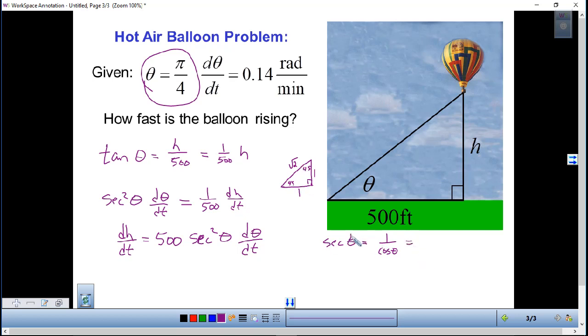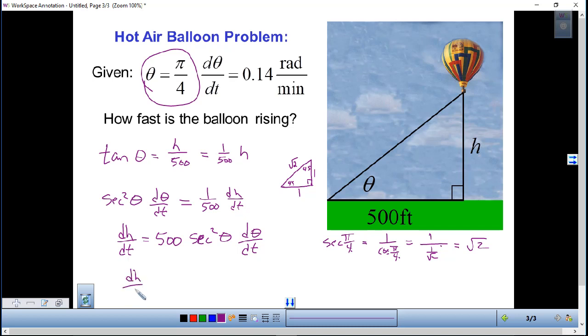So in this case, with pi over 4 here, sorry, that's wrong. The cosine is adjacent over hypotenuse, so it's going to be 1 over the square root of 2. Which means the secant is, of course, just the square root of 2, coming from the special right triangles.